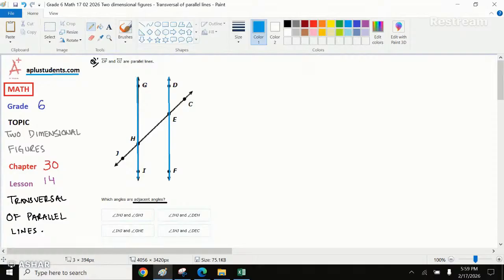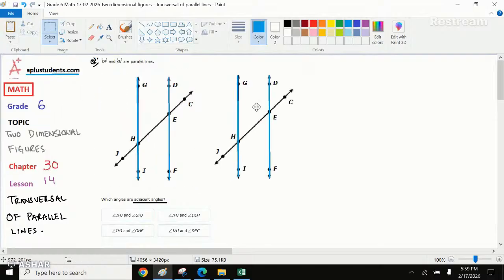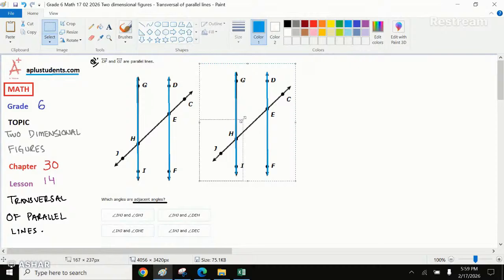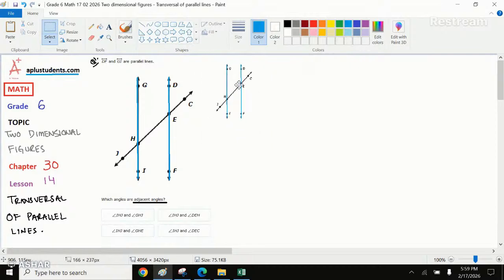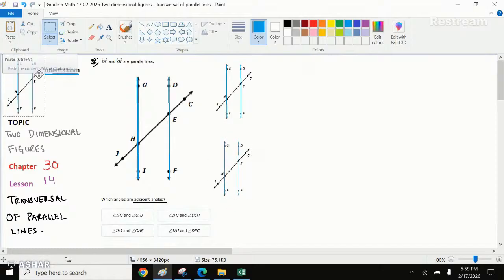Okay, we have a pair of parallel lines and we need to find which two angles are adjacent to each other, right? So let's make a copy of this so that we would use all four options to see which one is the correct, okay? If copy one and another copy of this. Okay, we'll do one by one so that we can find which are adjacent.